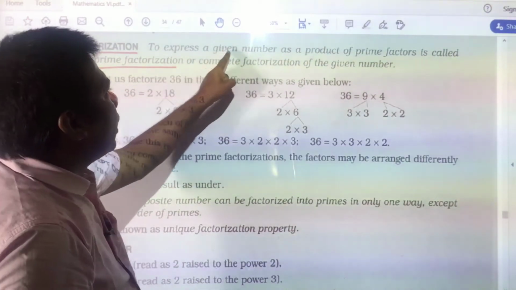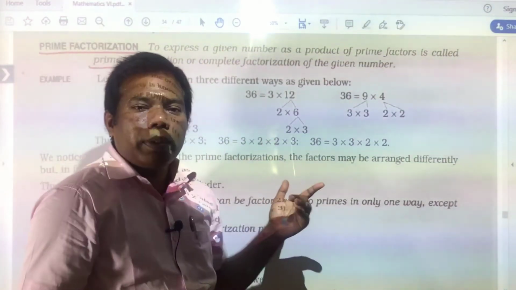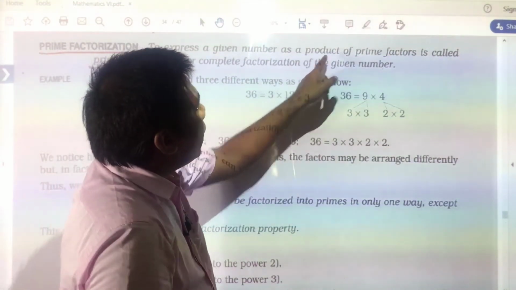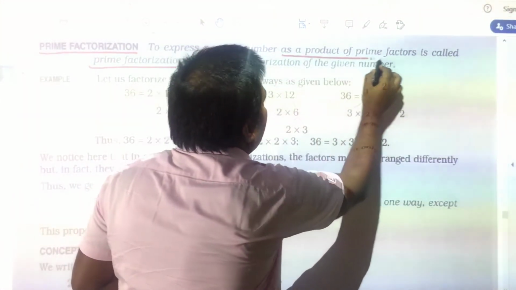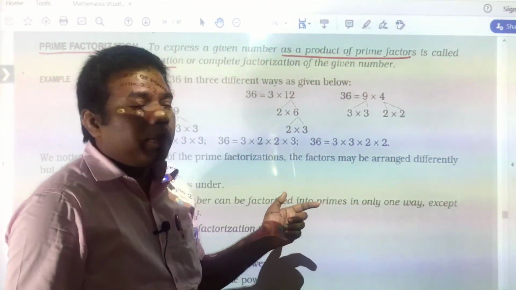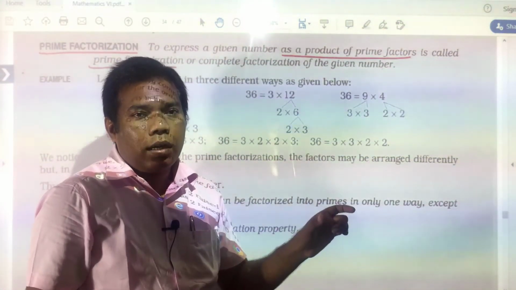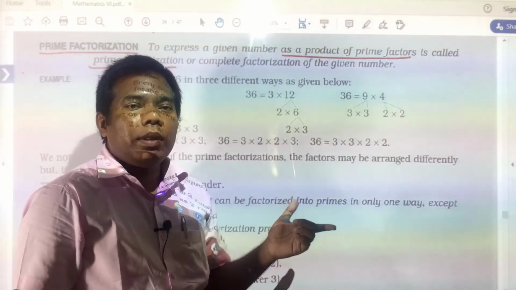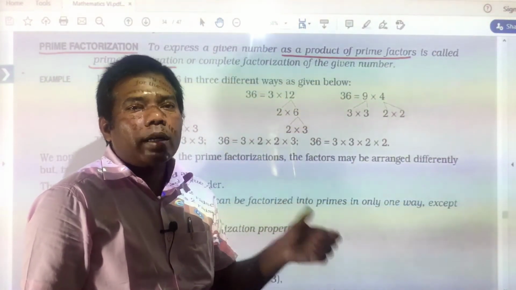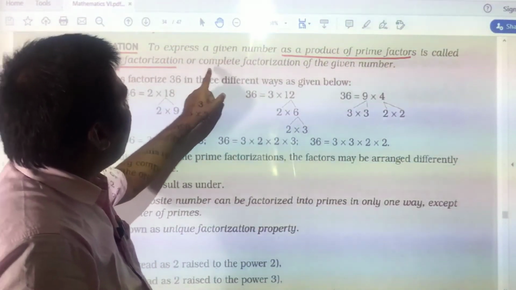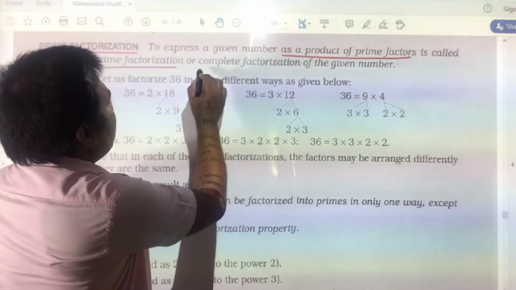Suppose any number is given and you are expressing that number as a product of prime factors. This is very, very important. Any composite number expressed as a product of primes is called prime factorization or complete factorization of the given number.